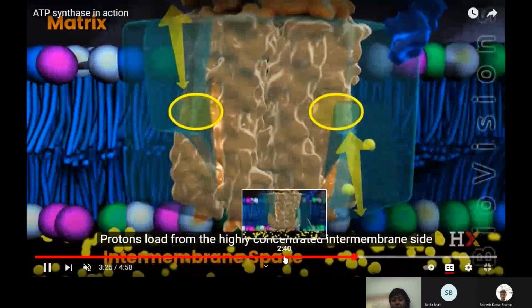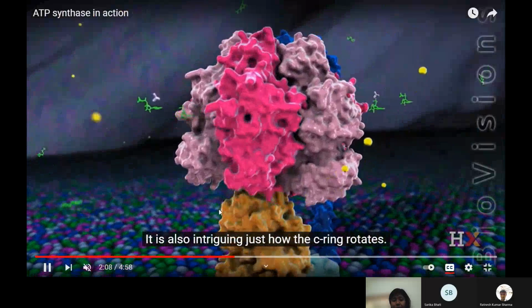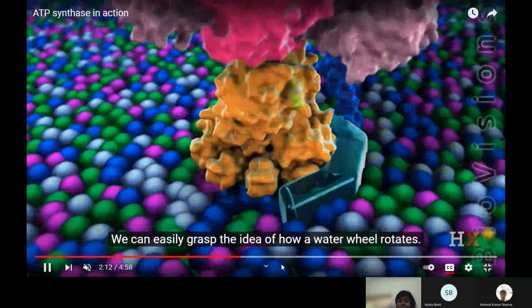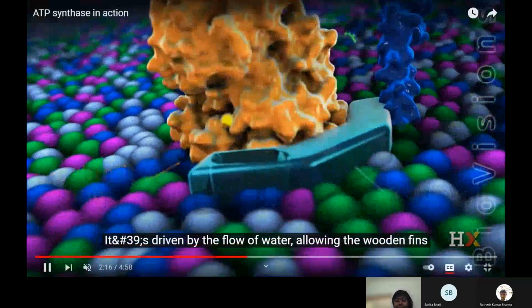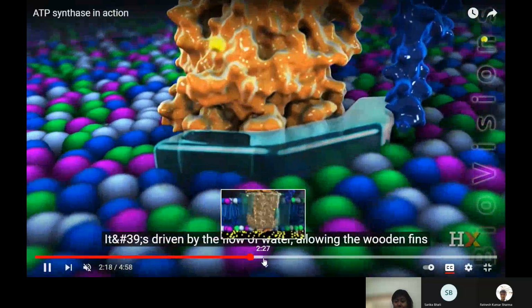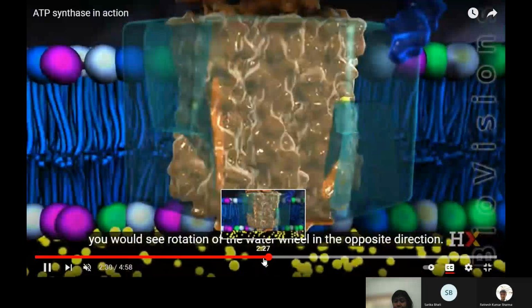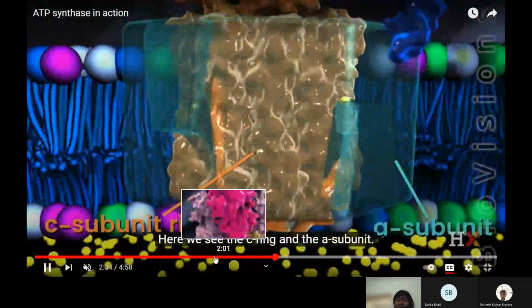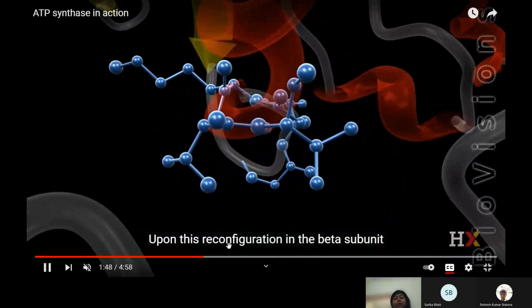So if we look at it from here, you would see that the rotation of the stalk is occurring because you have the rotation of the motor that is embedded inside the membrane. Inside the membrane, you have the motor that is rotating counterclockwise because it is powered by the movement of the protons along the concentration gradient, and ultimately all of this helps in the catalysis of ATP.